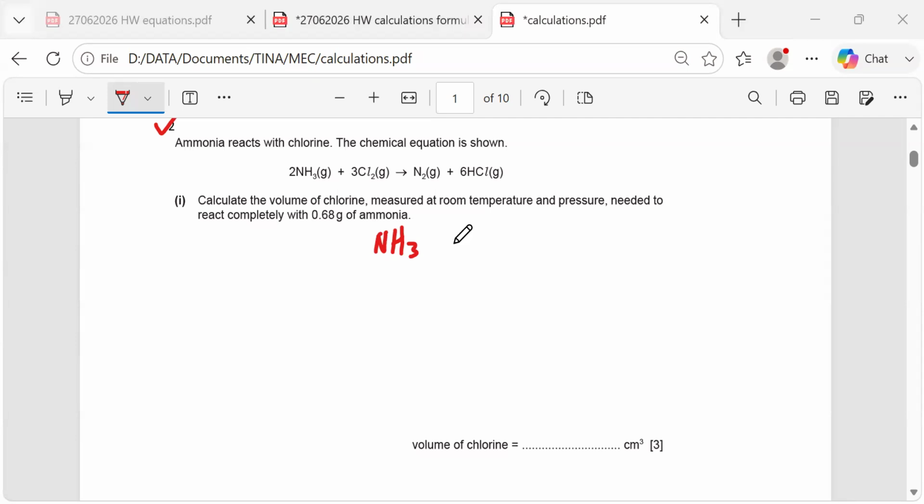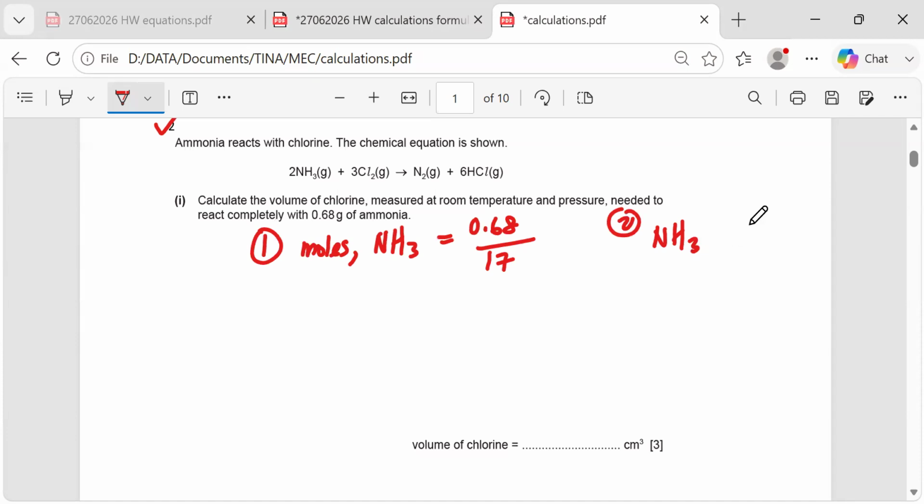Okay, first you find the amount of moles of ammonia: 0.68 over 17. I give you steps. Then you use the ratio. Ammonia to chlorine is 2 to 3. Then you find the moles of chlorine. And then step 3, you find the volume of chlorine.